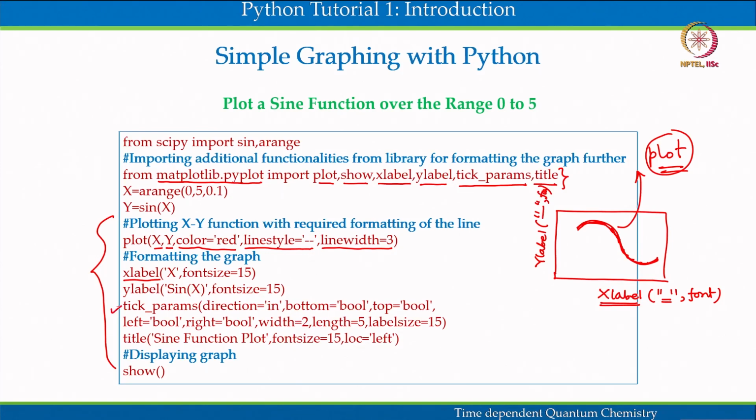Tick parameters. Tick parameters, what are they? There are ticks which will be used here to show the values, and this can be some value, let's say 0, then this is probably 1, this is probably 2, like this way. This is just an example.